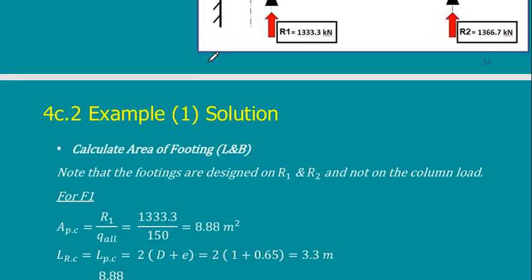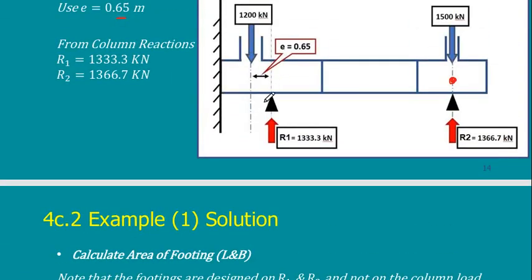But of course, when I come to design this one, I assume that I have an eccentricity of 0.65, and I know the distance from here to the edge of my neighbor, and this is supposed to be the CG of the footing. So now I know half of the footing. 1 meter plus 0.65.